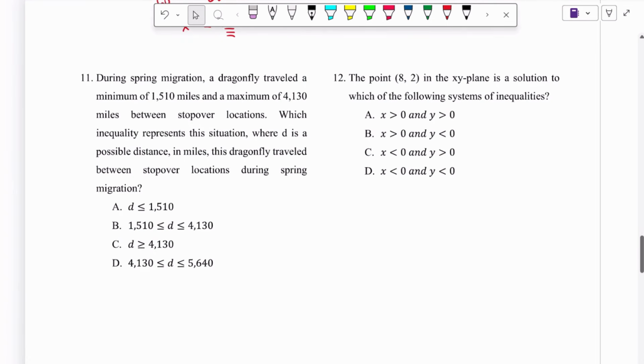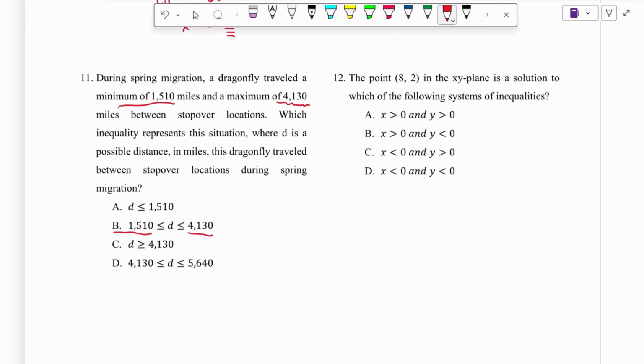During spring migration, a dragonfly traveled a minimum of 1510 and a maximum of 4130 miles between two stopover locations. Which inequality below represents the situation where D is a possible distance? So if I take a look, the minimum it traveled was 1510 and the most it traveled was 4130. So it's between those.